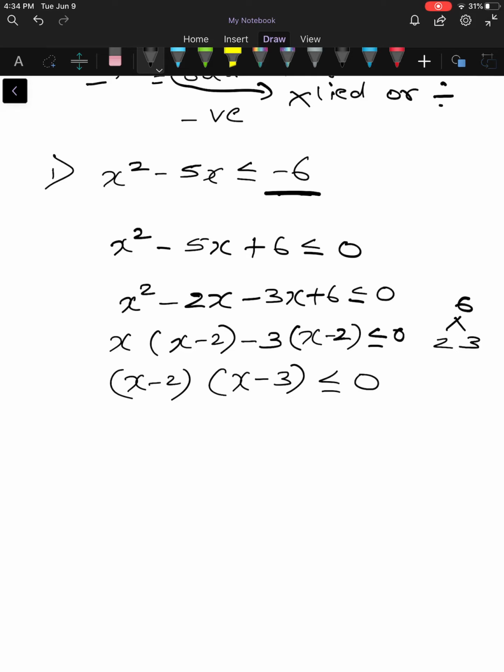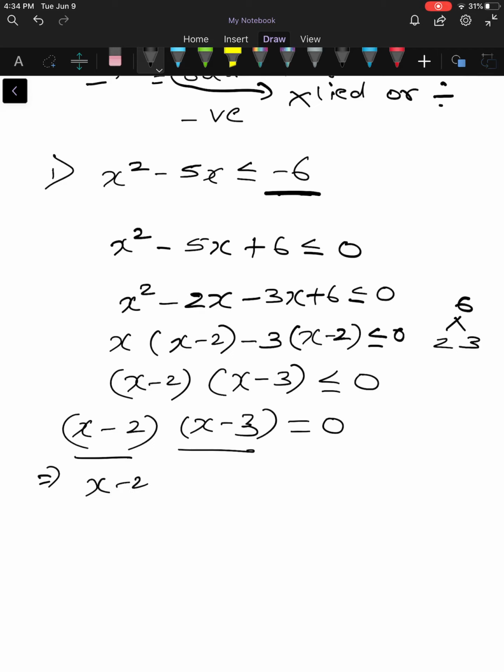Vaguely, with the trial and error method, we can see that the given inequality can be split in two ways. That is x minus 2 times x minus 3 is equal to 0. This implies either of the terms has to be 0. So x minus 2 is equal to 0 or x minus 3 is equal to 0, right? So that implies x equals 2 or x equals 3.